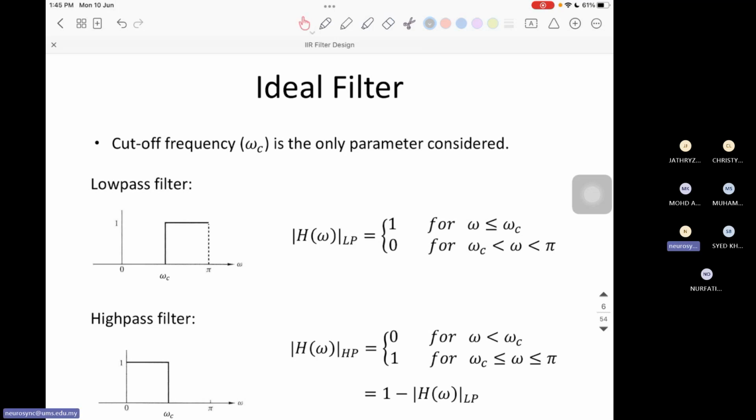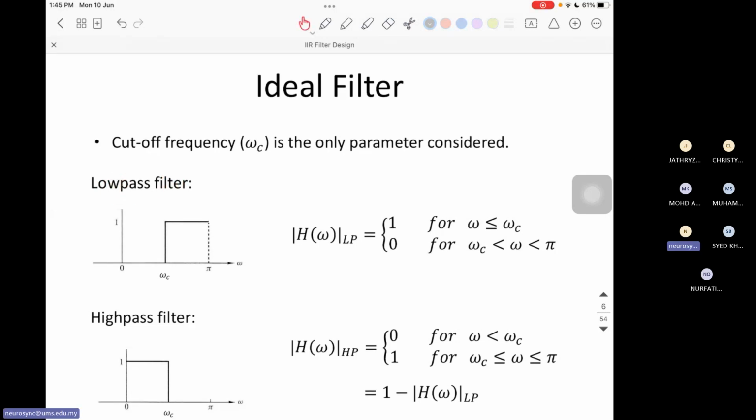Now in case of an ideal filter, the cutoff frequency is given or known. It should be known what the cutoff frequency should be. Okay, so omega c is my cutoff frequency for the filter. Now for the ideal filter, I can say the low pass filter.